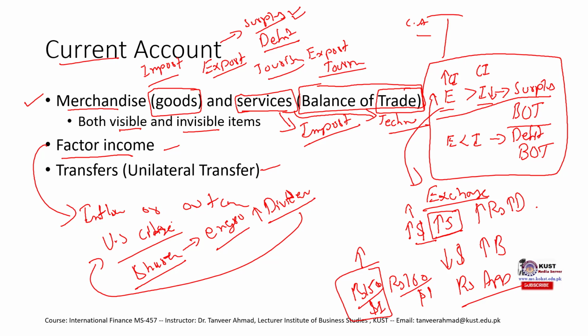So in this case, this dividend is the income, and this income is being sent to a foreign citizen.